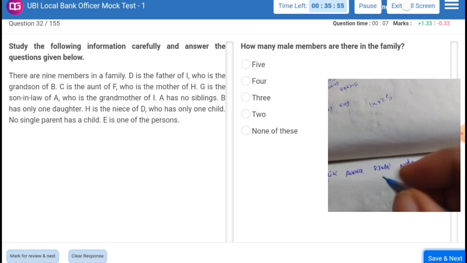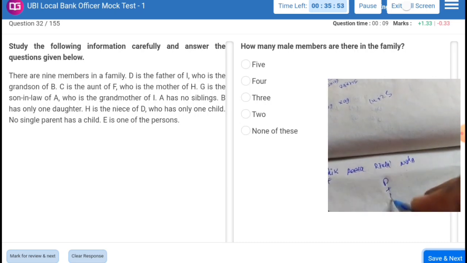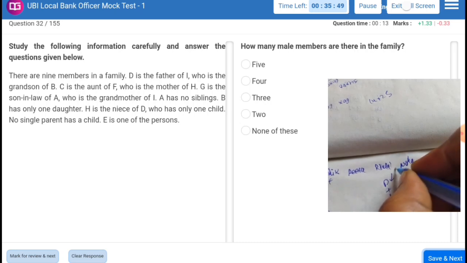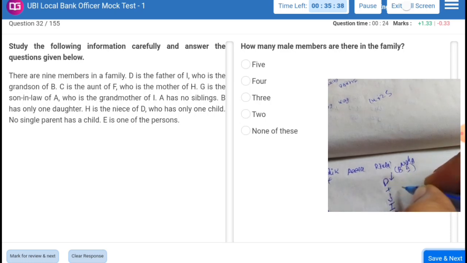So there are 9 members in a family. D is the father of I, who is the grandson of B. C is the aunt of F, F who is the mother of H. G is the son-in-law of A who is the grandmother of I. A has no siblings.